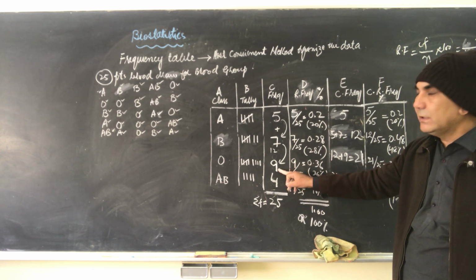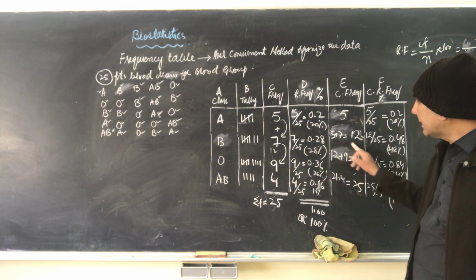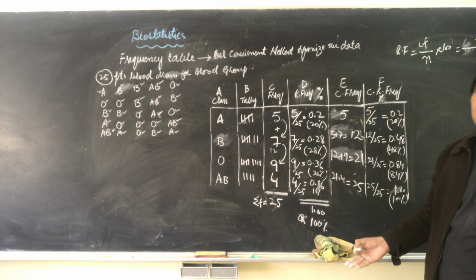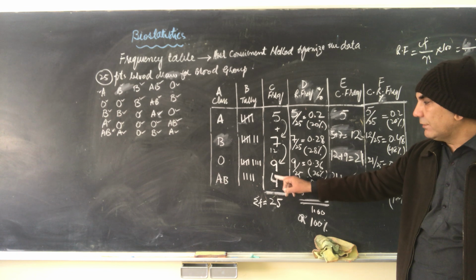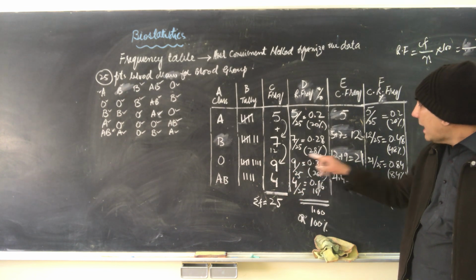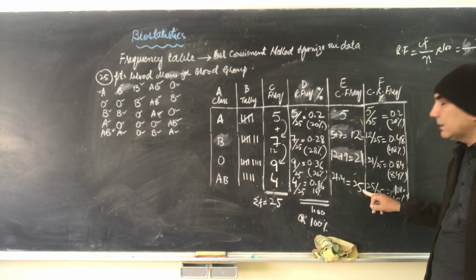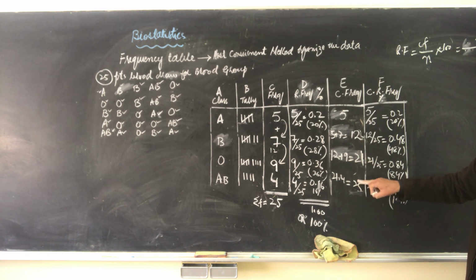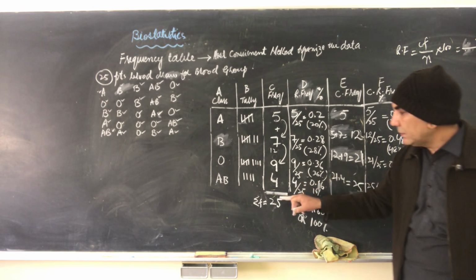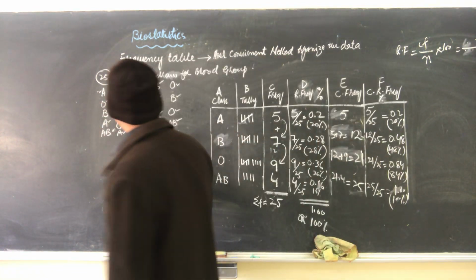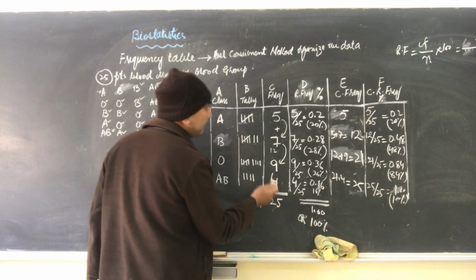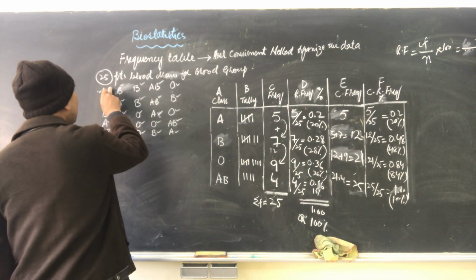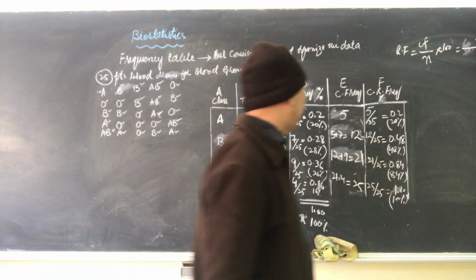We add 12 with the frequency of the O group and it becomes 21. The fourth data set is the AB group, whose frequency is 4. We add 21 with 4 and it becomes 25. So the last number of the cumulative frequency should equal the sample size. Just the same, the sum of the frequency should be 25, equal to the sample size of 25.